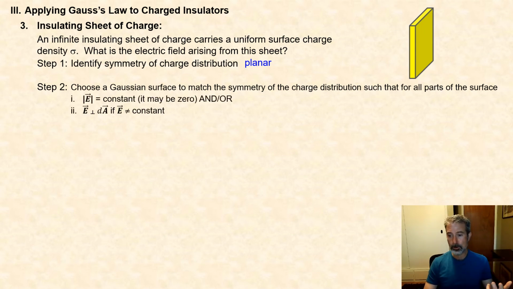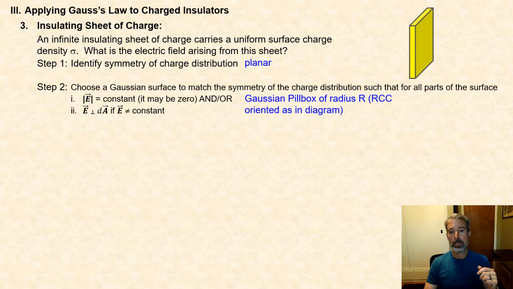The electric field is constant in magnitude over each part of the Gaussian surface, and/or the electric field does not penetrate any other part of the surface, in which case the flux is zero if the field is not constant over that part of the surface.